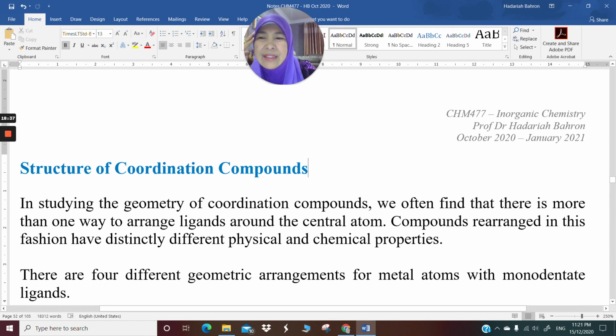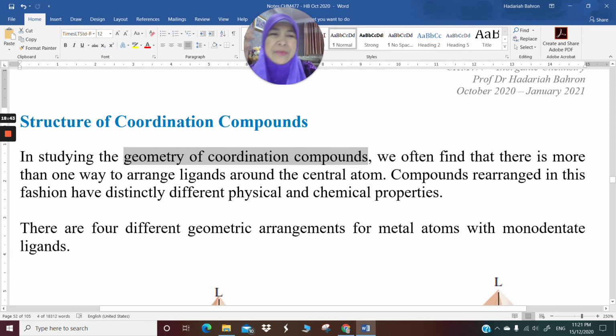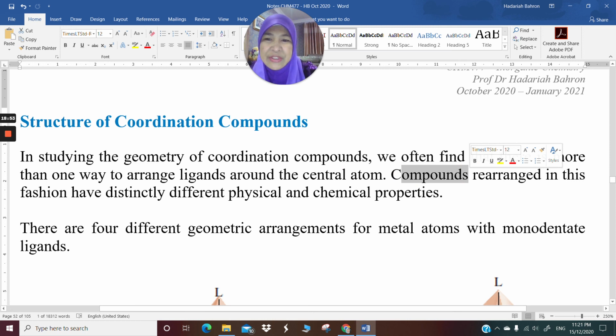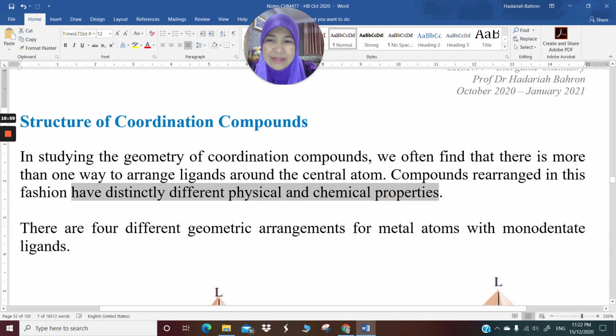Now in studying the geometry of coordination compounds, we often find that there is more than one way to arrange ligands around the central atom. Compounds rearranged in this fashion have distinctly different physical and chemical properties.